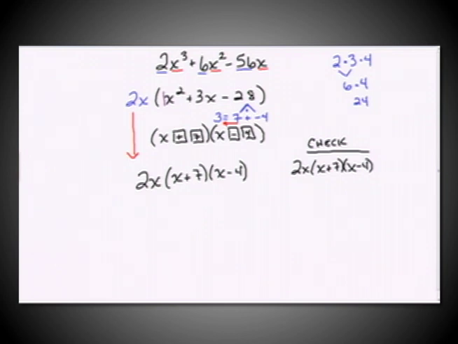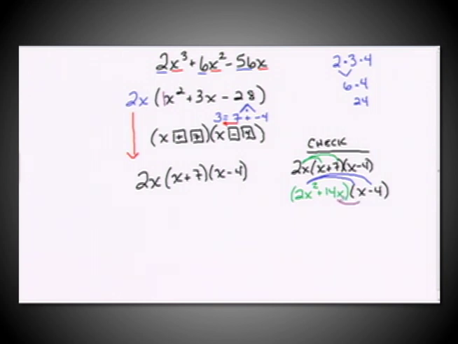So the first thing I'm going to do is multiply this 2x by my x plus 7. I'm going to get that result, which is 2x squared plus 14x, and multiply that by my x minus 4. So I come here to do my distribution.